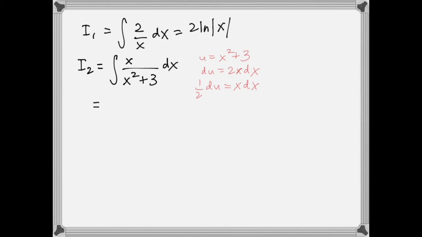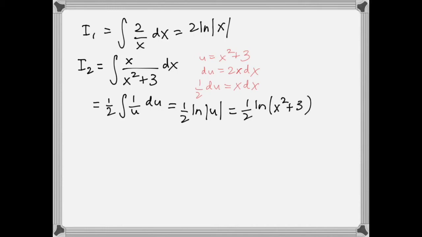So I can pull the 1/2 out, and that becomes 1 over u du. When I take the antiderivative, it's 1/2 natural log of u, which is the same as 1/2 natural log of x squared plus 3. That's always positive, so I don't need the absolute value there.